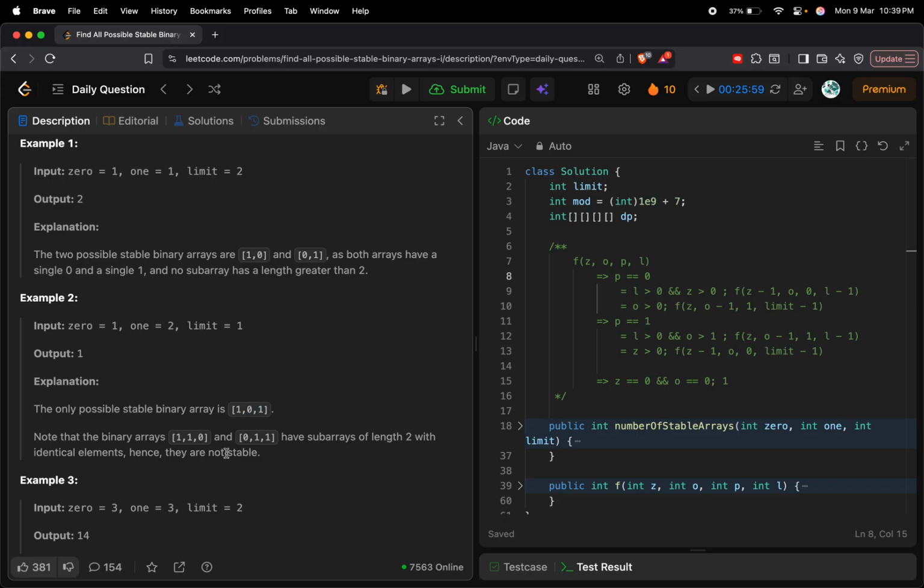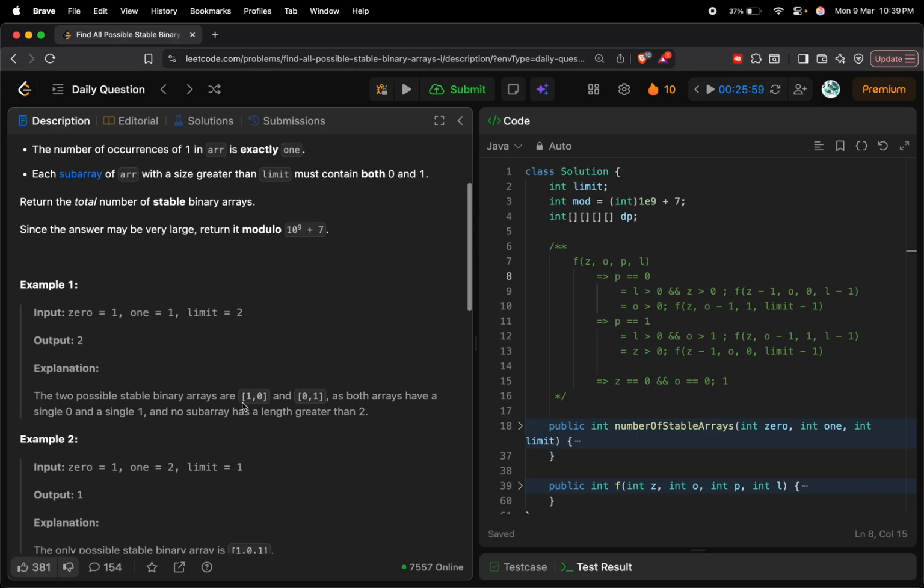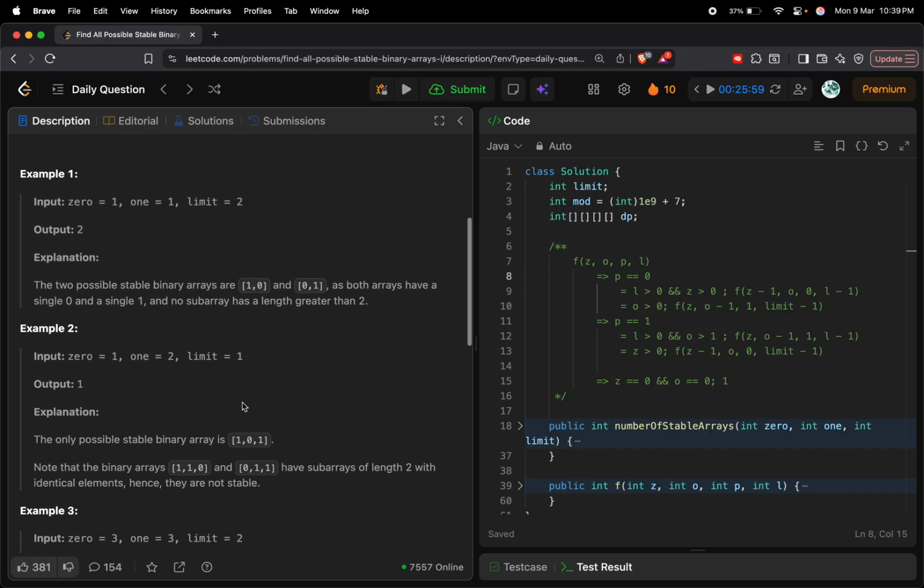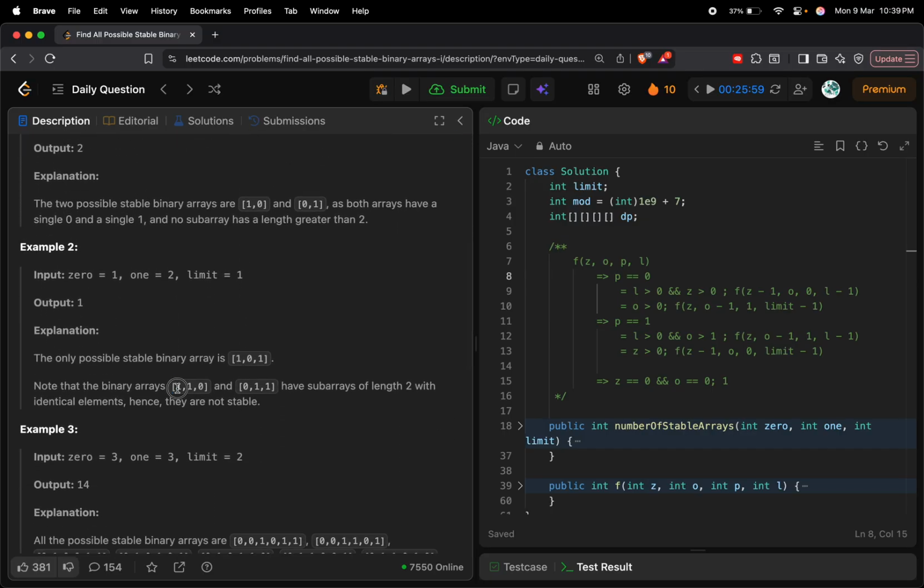These are not stable arrays, because if you choose a subarray of size greater than length 1, it contains only ones and no 0. So this is not a valid stable array, and this is also not valid.